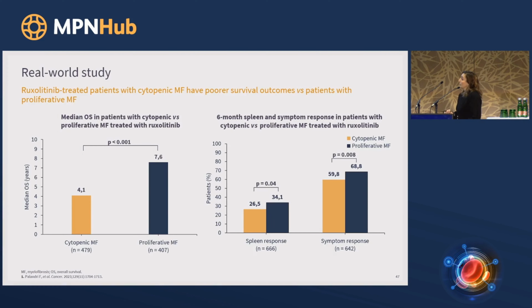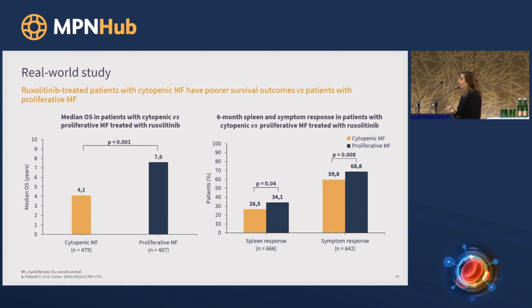I agree that continuing ruxolitinib may not be the most suitable option, considering the results of real-world studies in which it has been demonstrated that cytopenic patients have a lower rate of clinical response in terms of spleen and symptom reduction compared to the proliferative group, and this results in a significant reduction in overall survival, with a median survival of 4 years in cytopenic patients compared to double in proliferative patients.